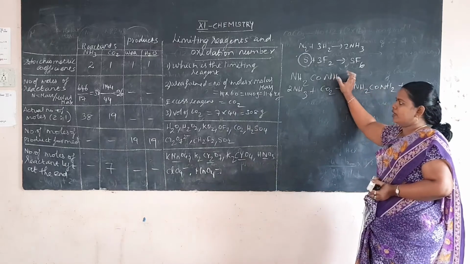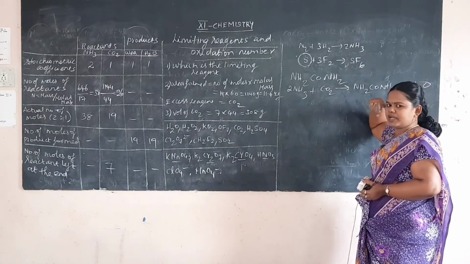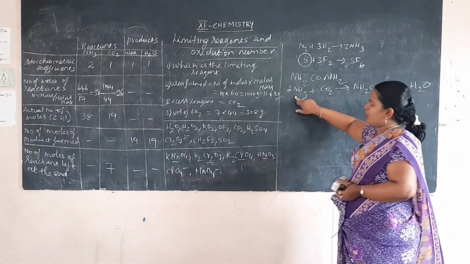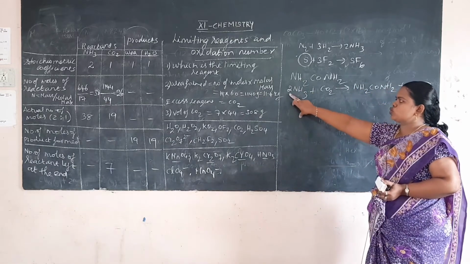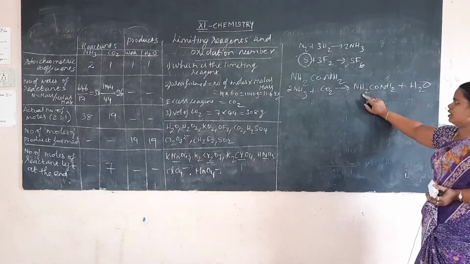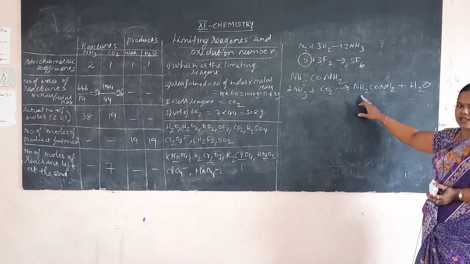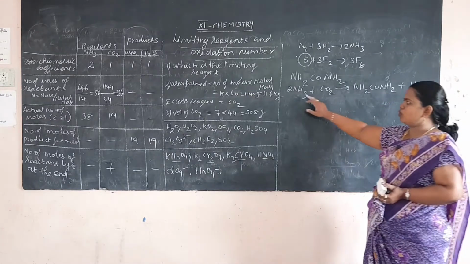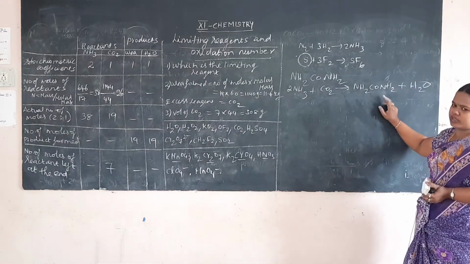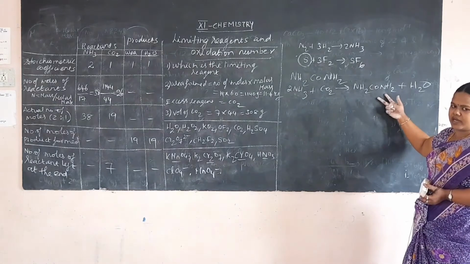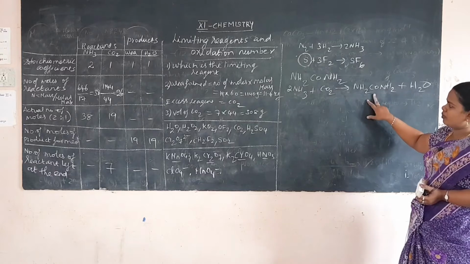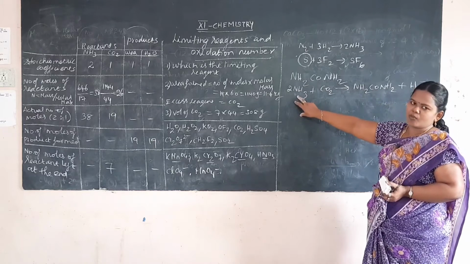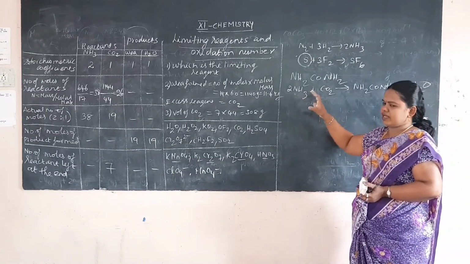Okay, already I told that the reactant that is completely involved in the reaction and gives the product is the limiting reagent, Miss said, right? So here ammonia is completely involved, look. 2 moles of ammonia is there and here you see 2 NH3 is involved. You don't even need to calculate this, just by looking at the equation you can find it. 2 moles of ammonia is consumed and converted completely. So that is the limiting reagent. So in the problem, when they ask which is the limiting reagent, you can easily look at the equation itself and tell that ammonia is the limiting reagent. Okay, so you write an explanation of that.